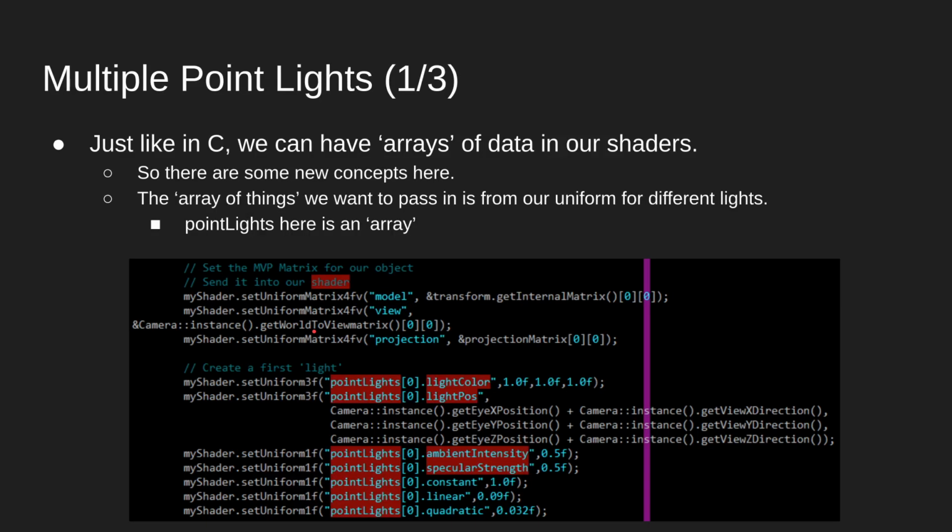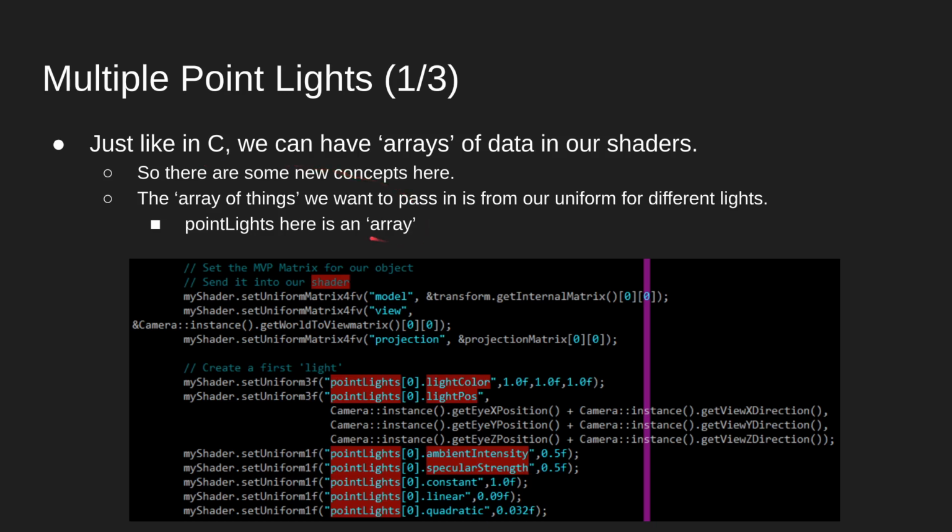Okay, so on that point, now that we know how to model one point light in our scene, we can actually start adding more lights. And an efficient way to do this is how we would do it in a programming language like C. If we want many of something, an efficient way to do this is to model those as an array.